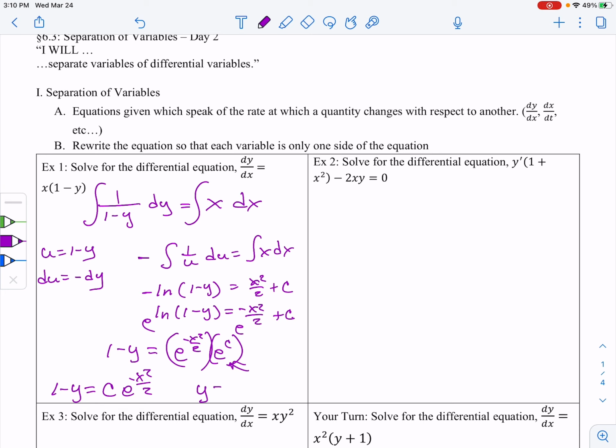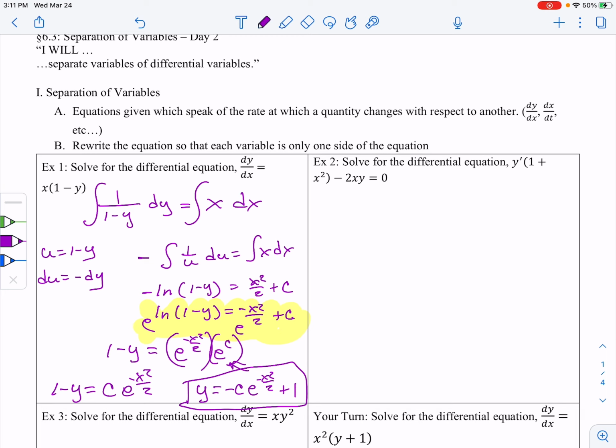So you end up with y equals negative c e to the negative x squared over 2 plus, let's see, I subtracted 1 and I multiplied by a negative, so it's plus 1. Okay? This is tricky. You got to remember your algebra here. Okay? Right through here, you got to know how to deal with those exponents.